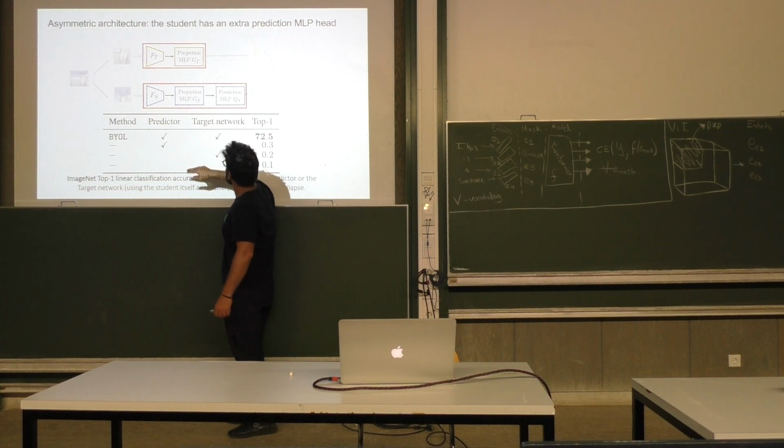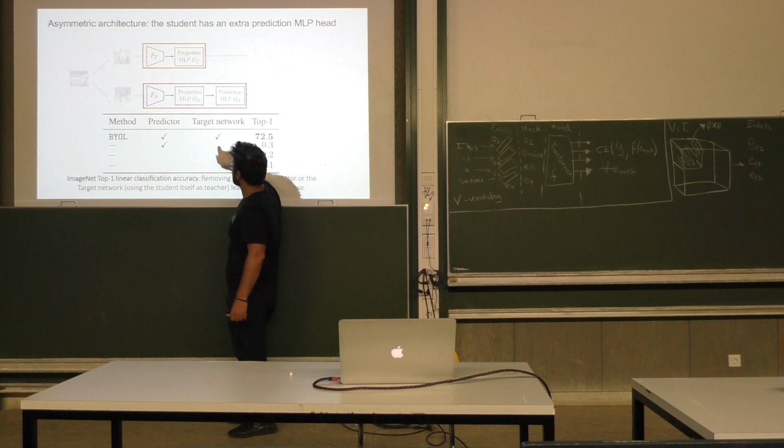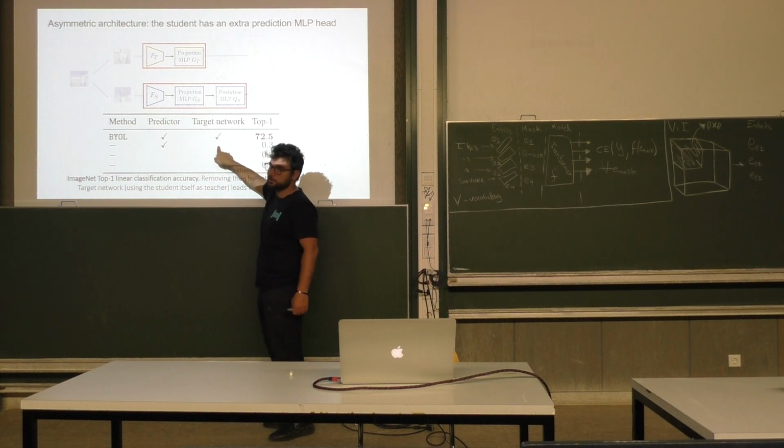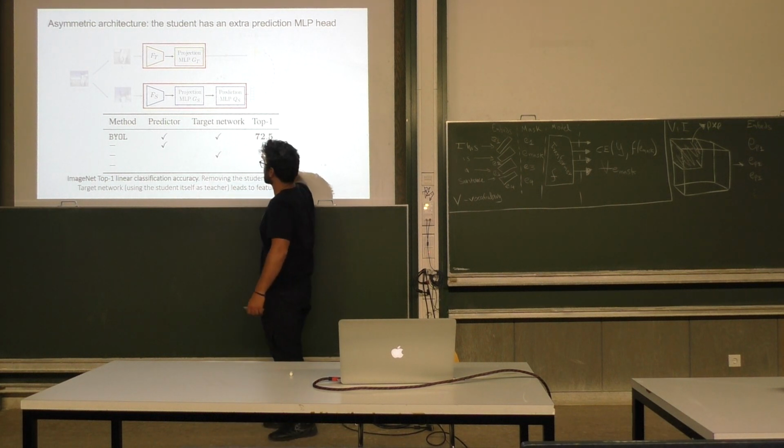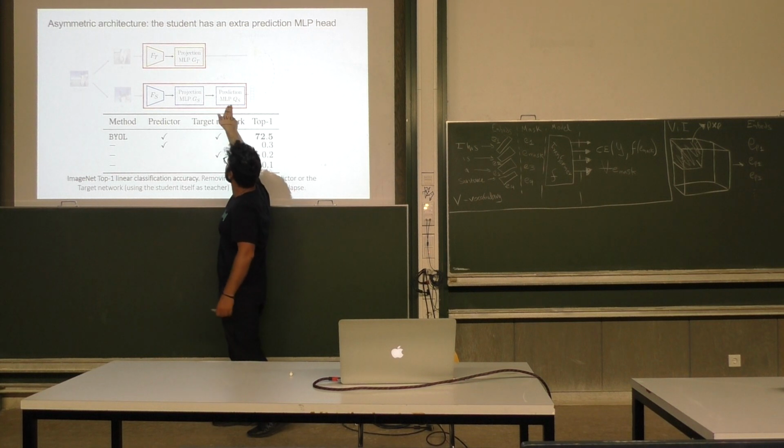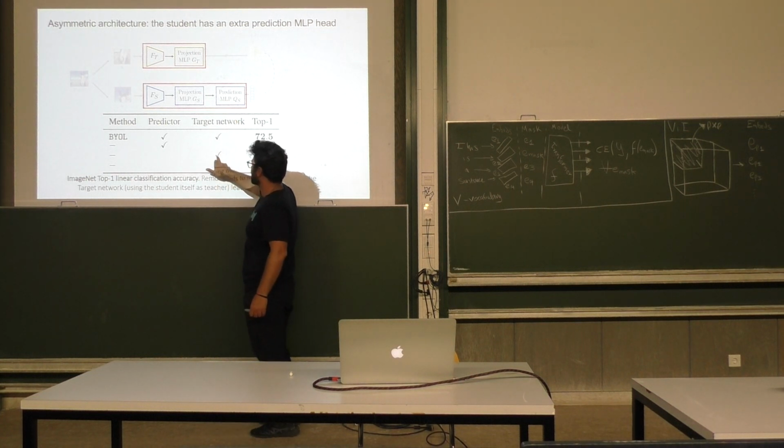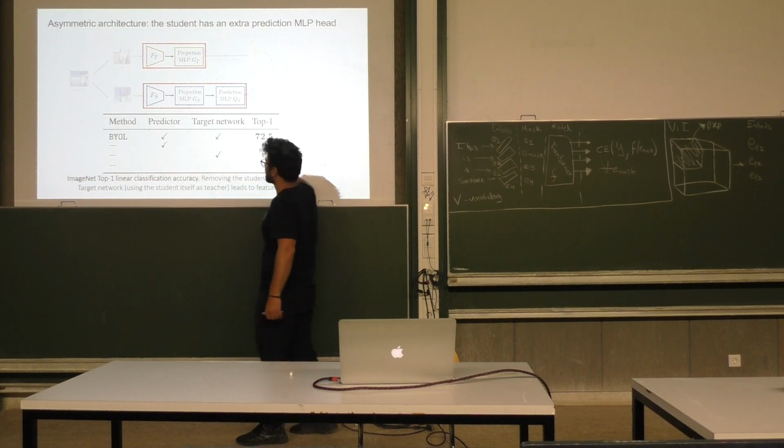No, predictor is this one. Target network is the teacher. So here they remove the teacher, so the exponential moving average, collapse. Here they remove the second MLP with an exponential moving average. So compared to this model that worked, only one difference, collapse, and then both, and then collapse again.